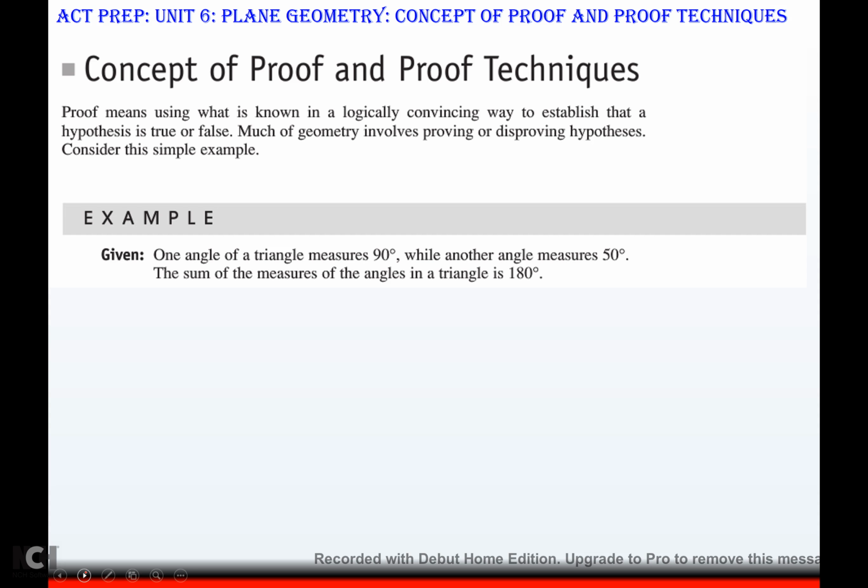Consider this simple example. You're given that one angle of a triangle measures 90 degrees, while another angle measures 50. The sum of the measures of the angles in a triangle is 180. So you can start off saying, my hypothesis is that the third angle in the triangle measures 40 degrees.